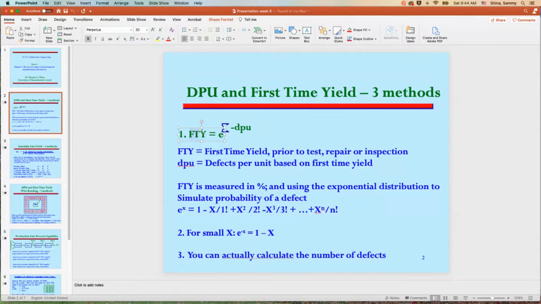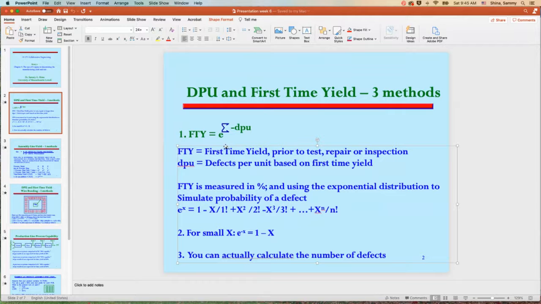The reason we say first time yield is that we put the product together and test it. We might have tested it in process while being assembled, but this is the final test, the first time we do the final test, and how many units will fail. That's e to the minus summation of DPU.